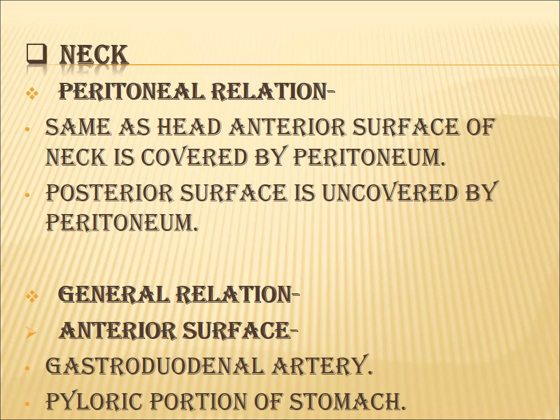In the general relations, the anterior surface, at the left border of the head of the pancreas and the neck, in between we have the gastroduodenal artery, which is the anterior relation of the neck of the pancreas. As we know, the anterior surface of the pancreas forms the bed of the stomach, so this surface also comes in contact with the pyloric portion of the stomach.